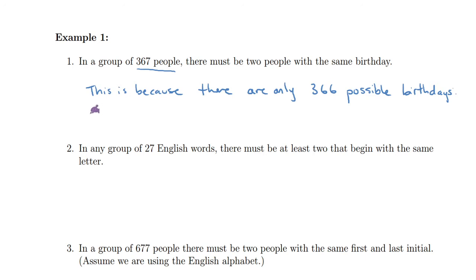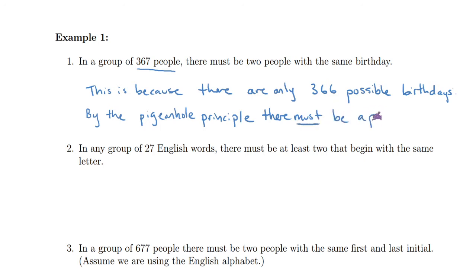So you could pretty much just say that by the pigeonhole principle, there must be a repeat birthday with 367 people.